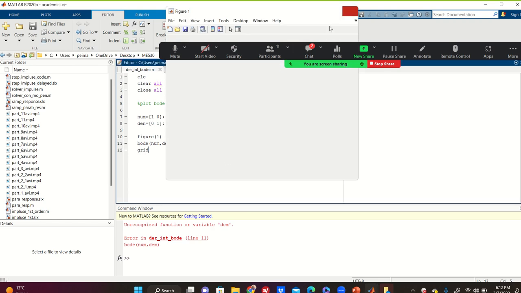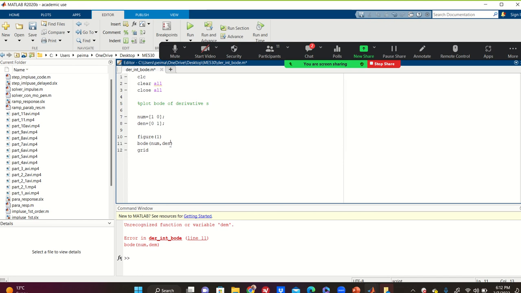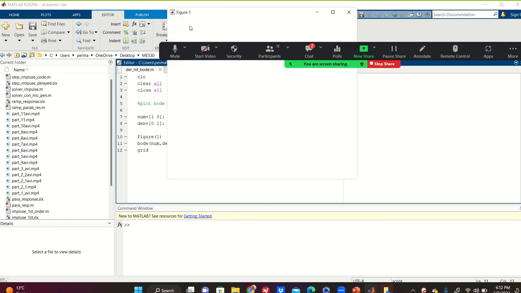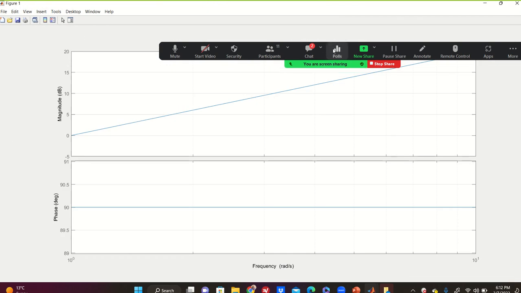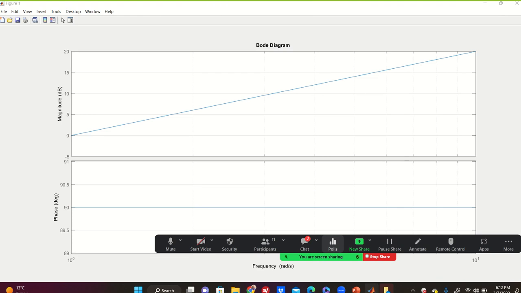Oh, there's a typo here. Here we go, as we plotted previously. The slope is 20 dB per decade, and the phase is just plus 90. Do you see that? Yes?